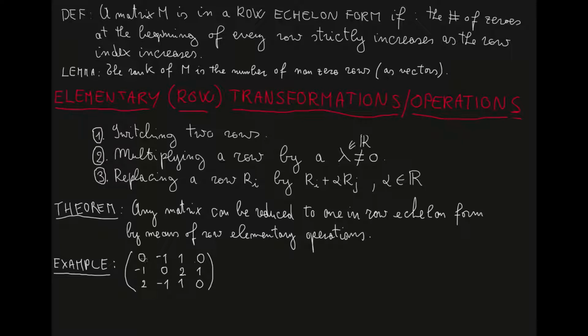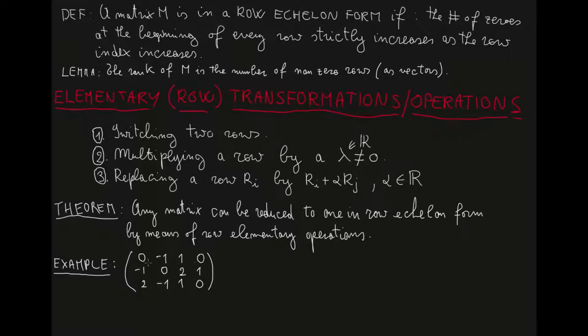Because you see, the first operation is switching between 2 rows, and this is what we are going to do. But if we forget about the first operation, the second operation involves multiplying a row by a non-zero scalar, so there is no way we can multiply the second row in order to make this -1 a 0, unless we multiply, of course, by 0, but that is excluded by the condition.